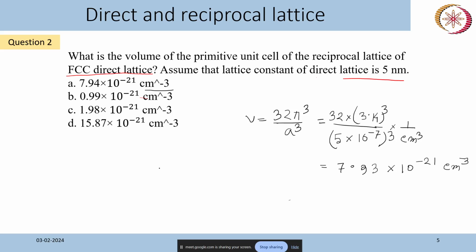So here you have observed that the unit of the volume is per centimeter cube, whereas for the direct lattice the volume will be in centimeter cube. So the reciprocal lattice is like the inverse of the direct lattice, right?